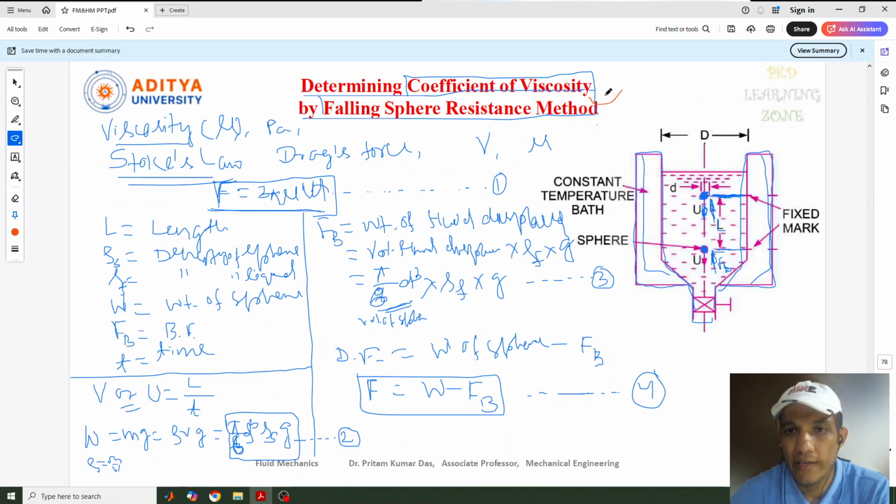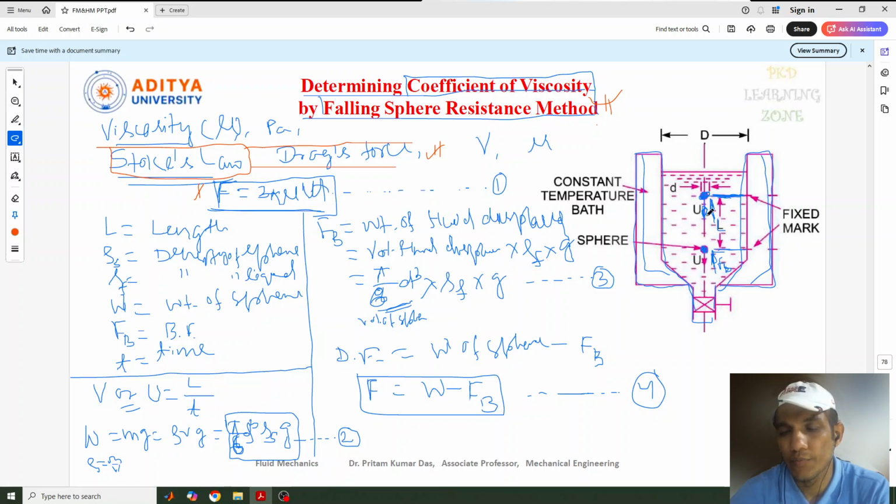This falling sphere resistance method is nothing but based on Stokes law. And Stokes law talks about the drag force when the sphere is moving with a velocity u in the viscous fluid. That drag force is F equal to 3 pi mu u d, and from that we started.